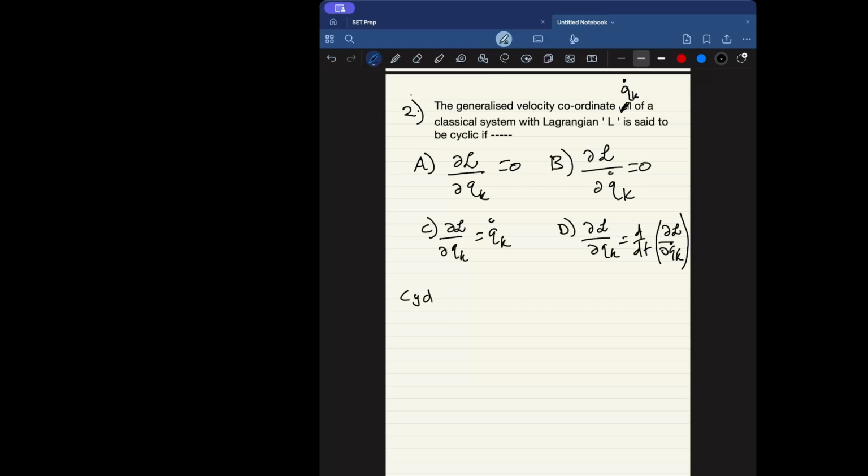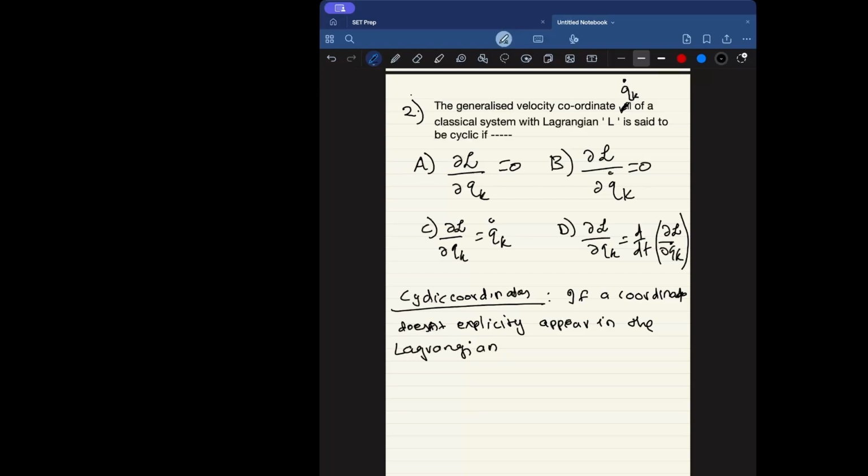That is, if a coordinate doesn't explicitly appear in the Lagrangian, then that coordinate is called a cyclic coordinate.